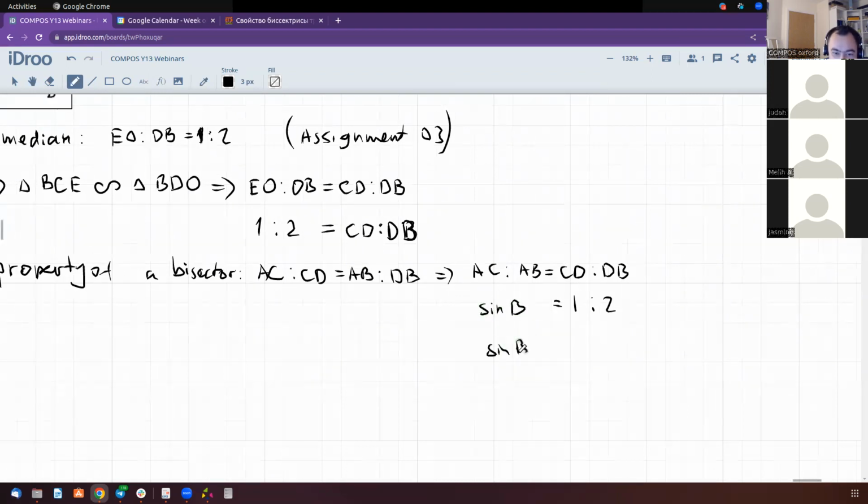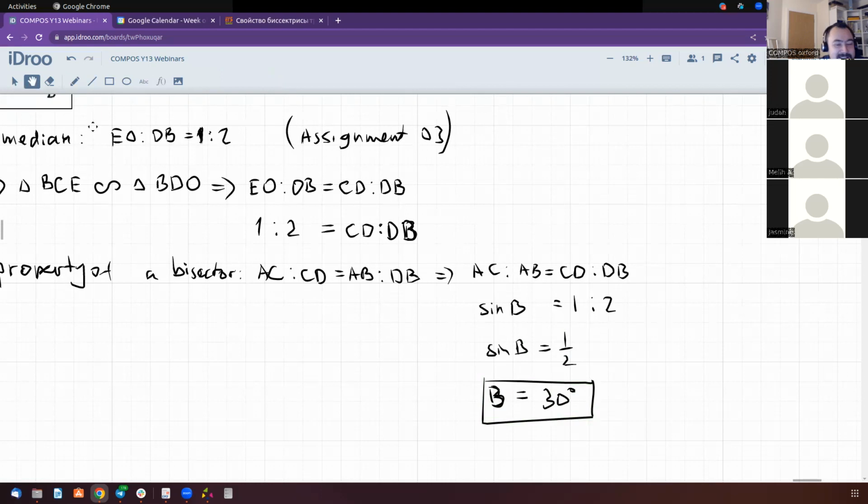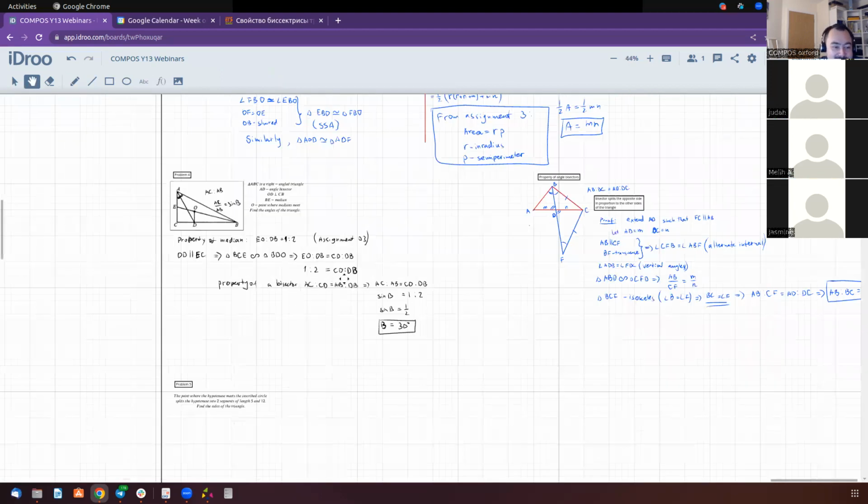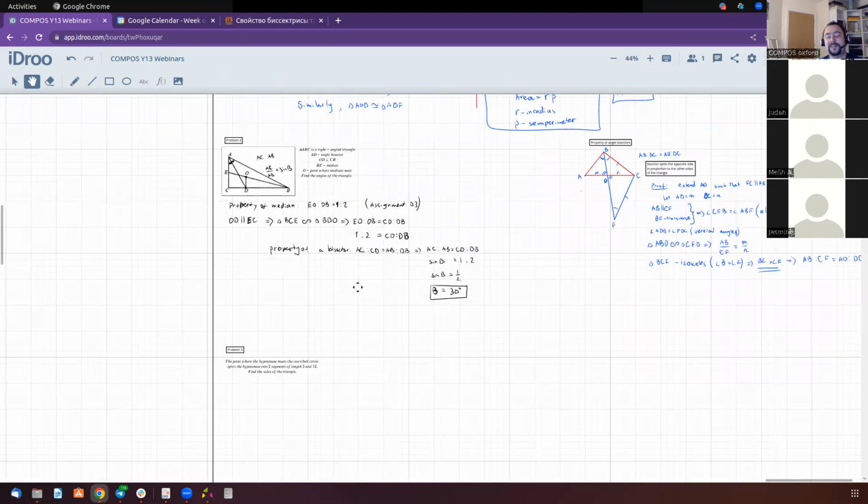So, in other words, sine B is a half. So B is 30 degrees. The only possible solution, because it's a right angle triangle, so it has to be between 0 and 90. So it can't be 150, it can't be 390 or anything like that.